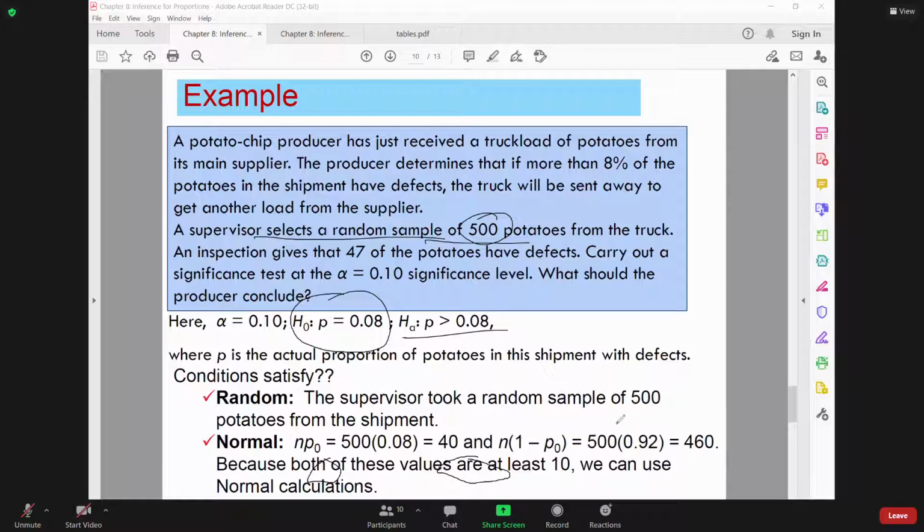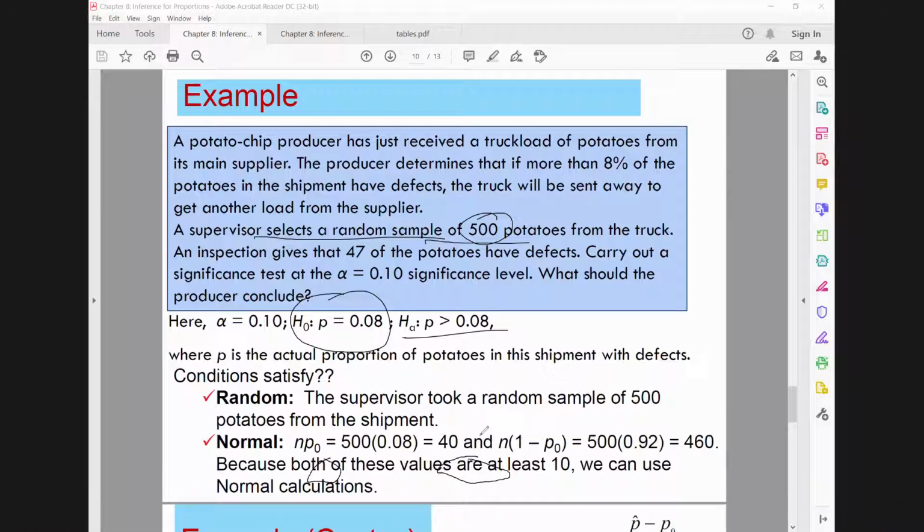Then the sample contains 500 potatoes. We can evaluate n times p naught, where p naught is equal to 8%. P naught is the limit value, the critical value. Then n times p naught is equal to 40, and n times 1 minus p naught is equal to 460.